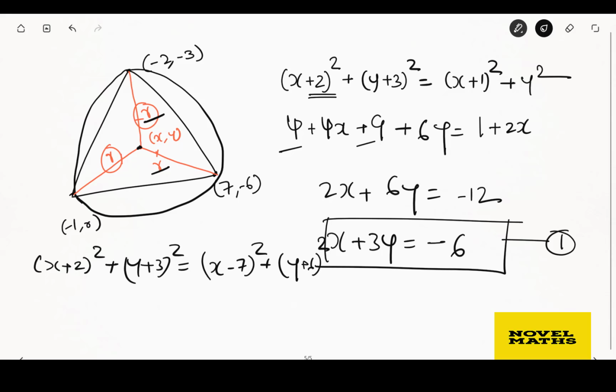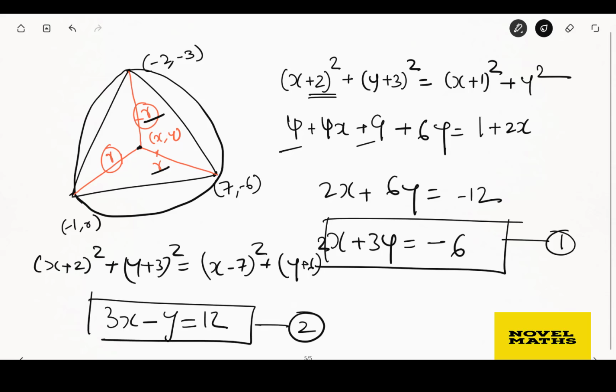I will give the final equation here. I'm not going to solve that, you can do it on your own. After solving, this becomes 3x minus y is equal to 12. We have two equations, and if we solve these, we will get the point.